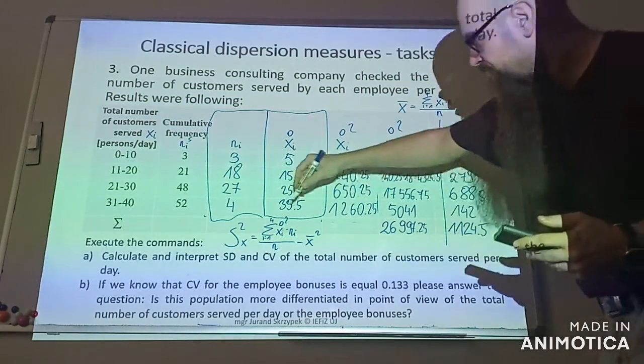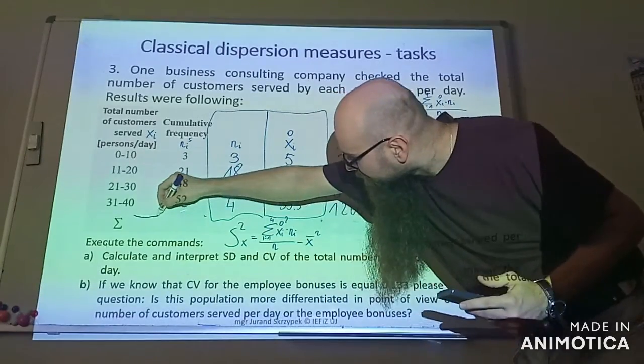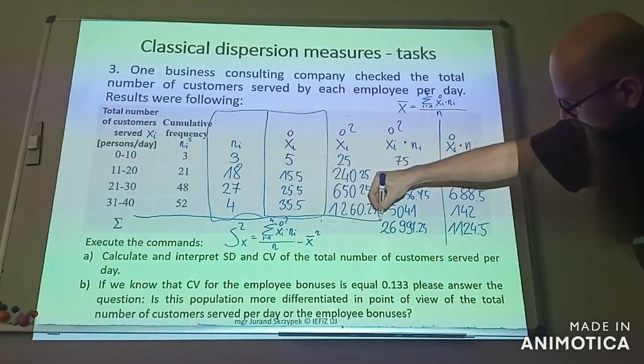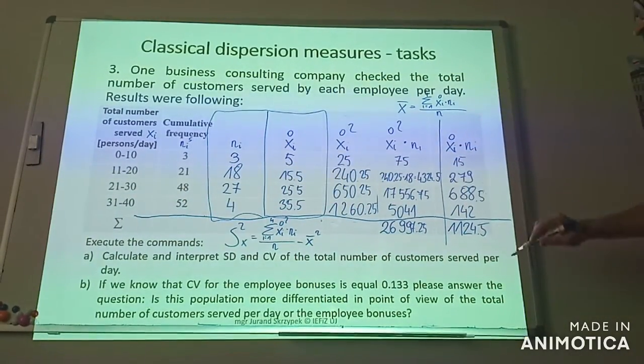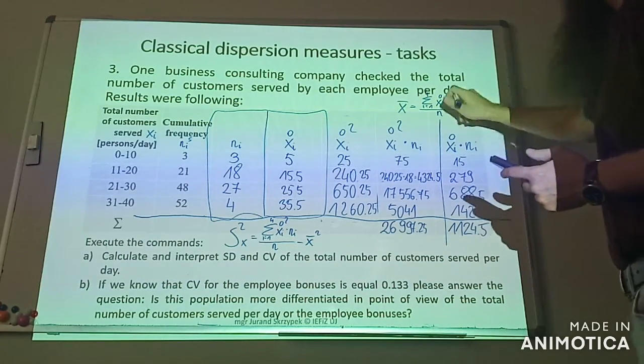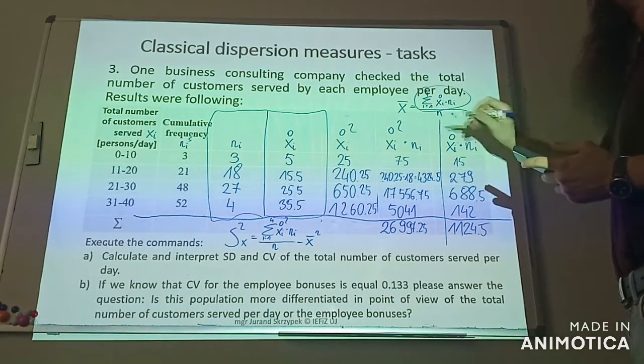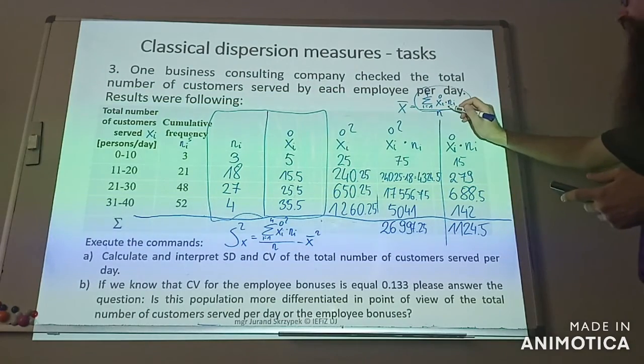Yes, I need a summary line. Yeah, summary line. Here we have the sum of this kind of products.